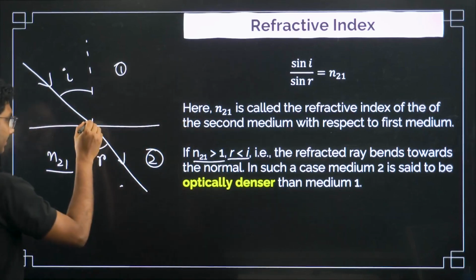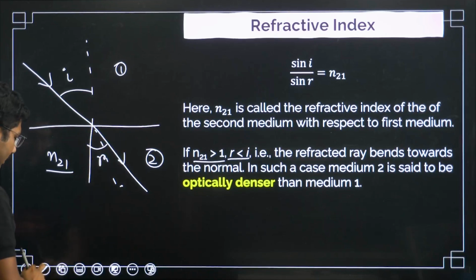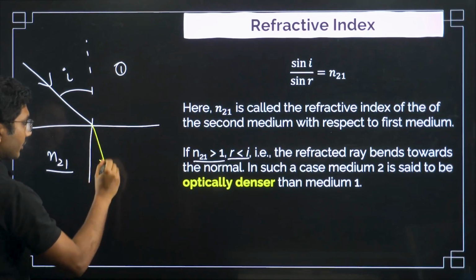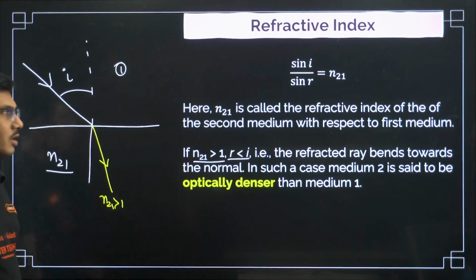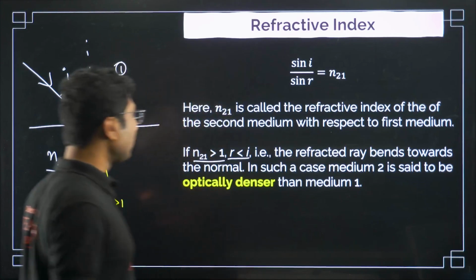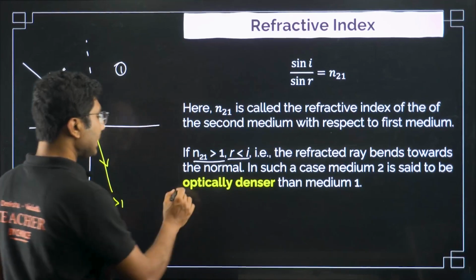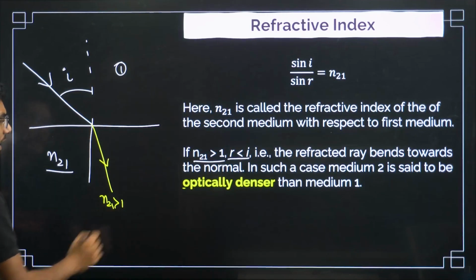So in this case, where N21 is greater than 1, the refracted ray bends towards the normal. In such a case, medium 2 is said to be optically denser.